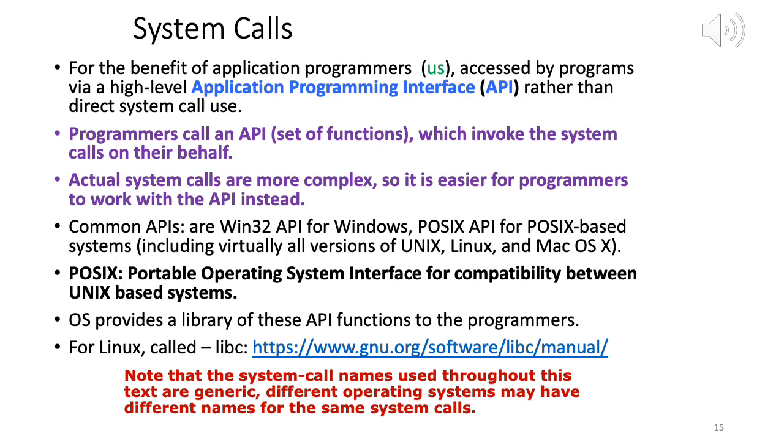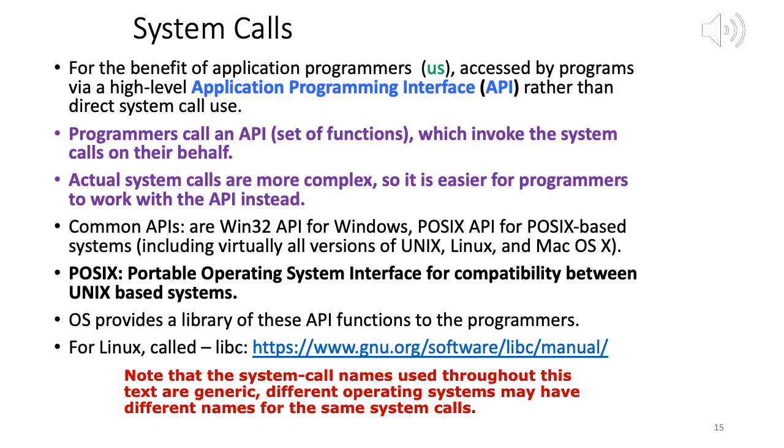If you're using non-Windows, you'll be using the POSIX API. POSIX stands for Portable Operating System Interface, for compatibility between Unix-based systems. Generally, all Unix-based systems will support this POSIX API. If you happen to be on a Windows system, we will use the Windows API. For this particular course, we'll be focusing on the POSIX API.